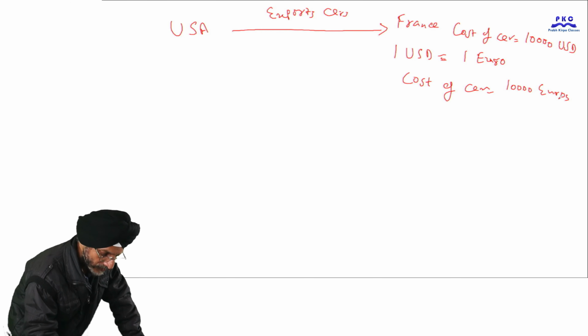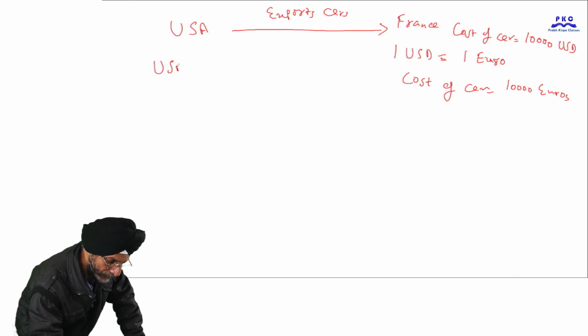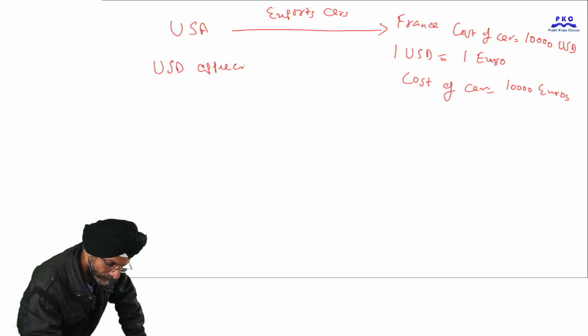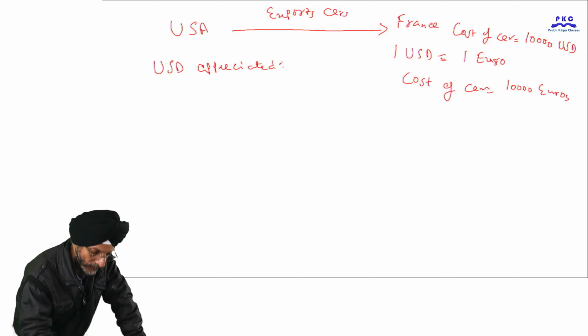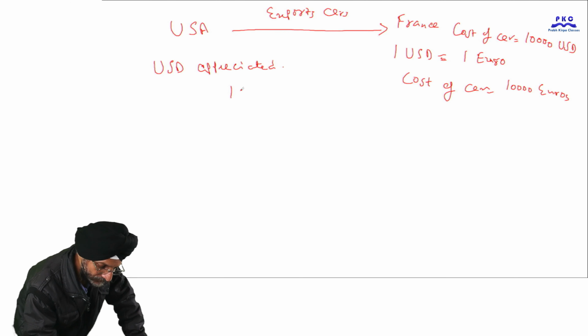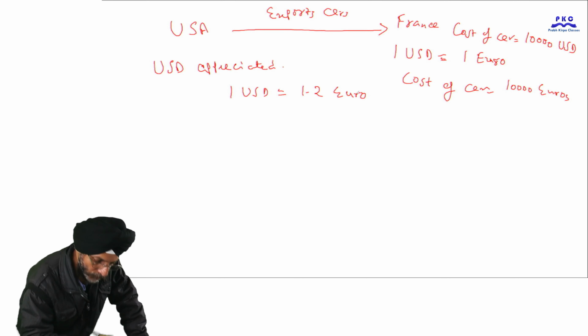Now, the US dollar has appreciated, and the exchange rate between US dollar and euro has become 1 US dollar is equal to 1.2 euro.